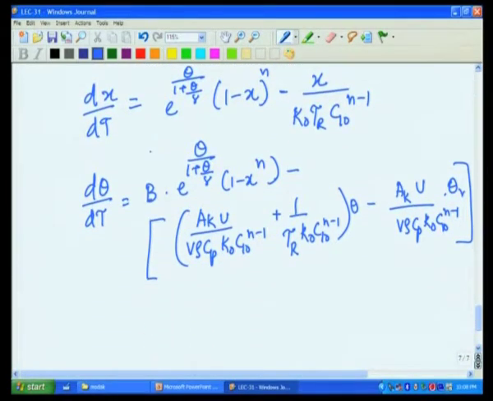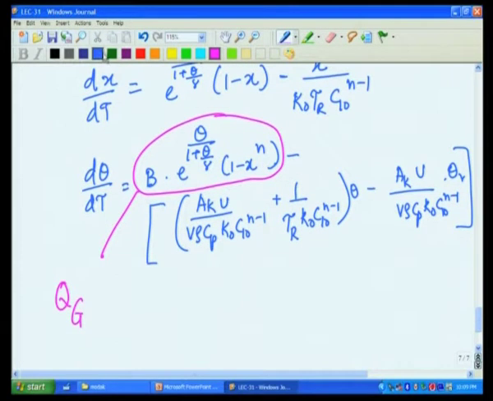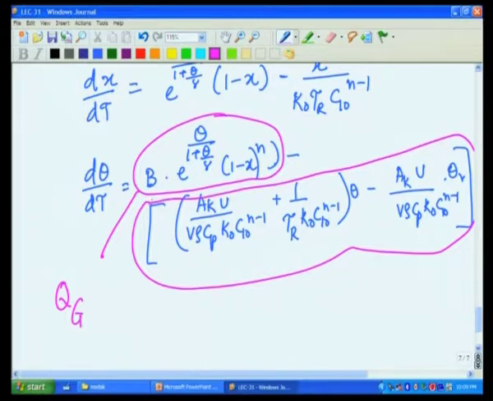Okay. But what is interesting to once again realize is that our energy balance is once again a balance between heat generation rate, which is actually the same term as what we had before, and the heat removal term, which is slightly more complicated than before, but it has the same essence of representing how much energy is being removed from the system.